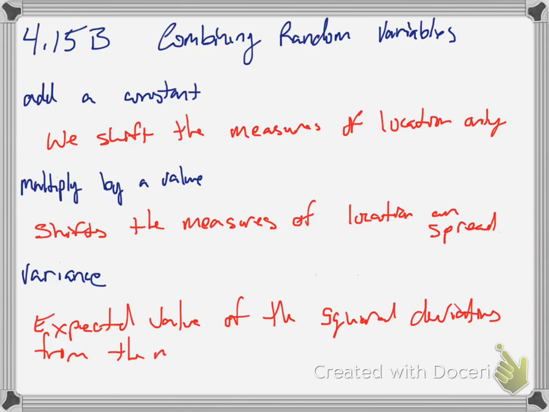We're going to go between standard deviations and variance today. One thing that we need to know is that the variance of our random variable X is equal to our standard deviation squared of X. It's just our standard deviation squared.